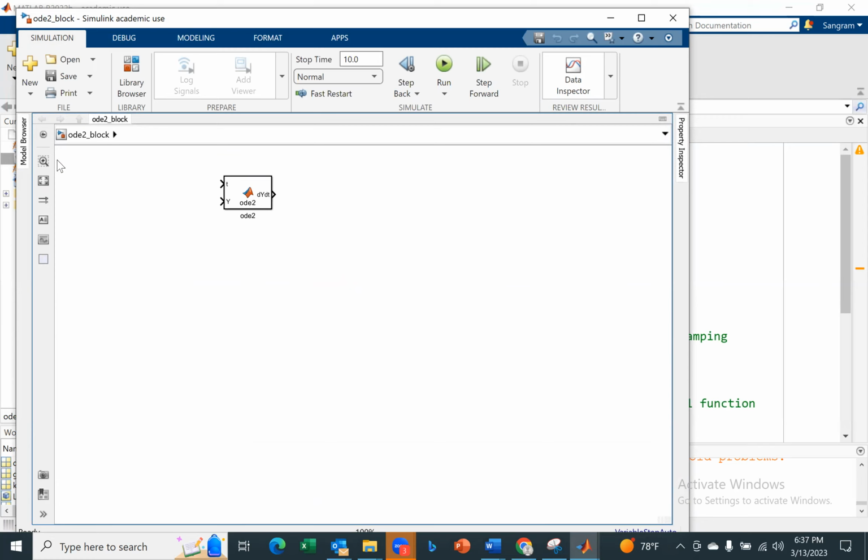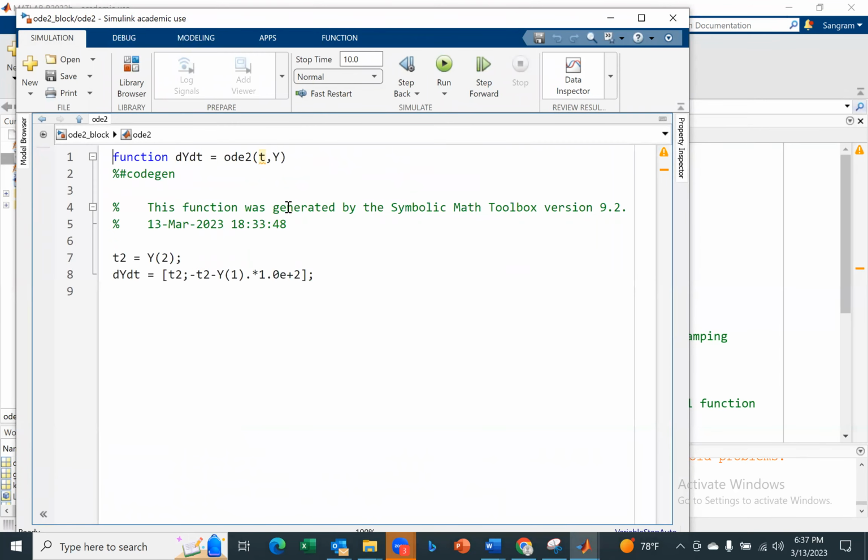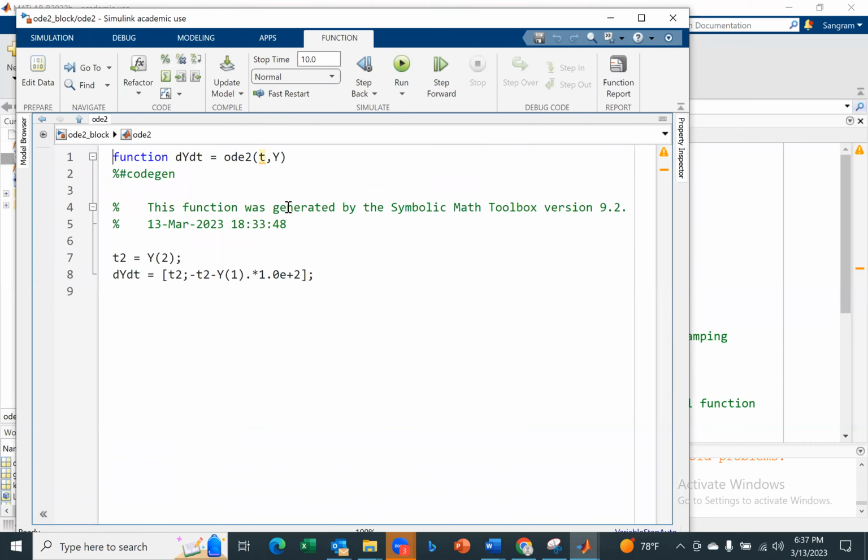Now, I want you to double click on this block, and this block encapsulates the MATLAB function. So what you have done is you have taken that MATLAB function and wrapped it in the Simulink wrapper. So now you can use Simulink to run this MATLAB function.